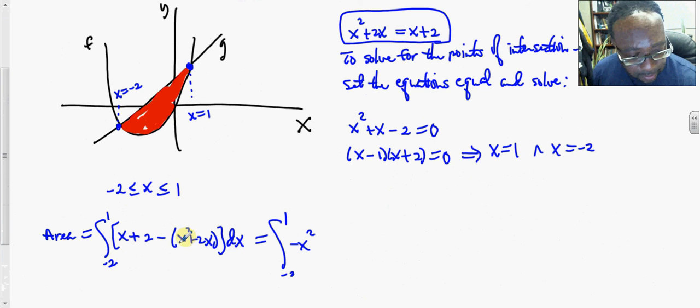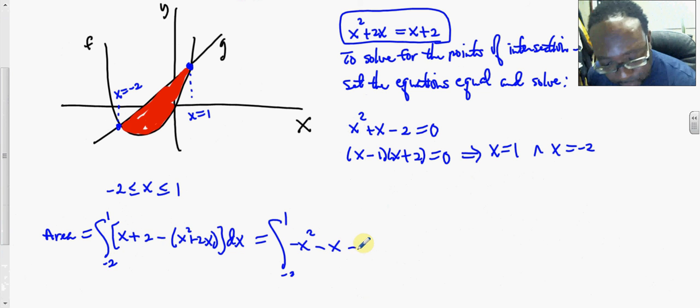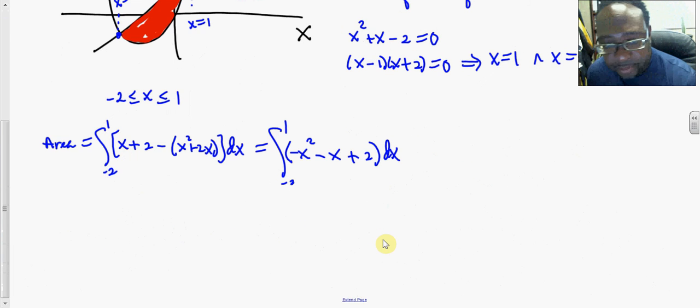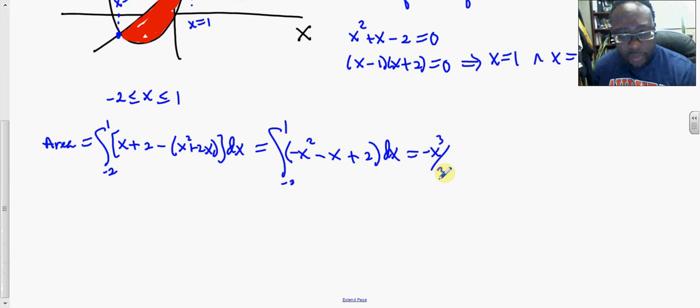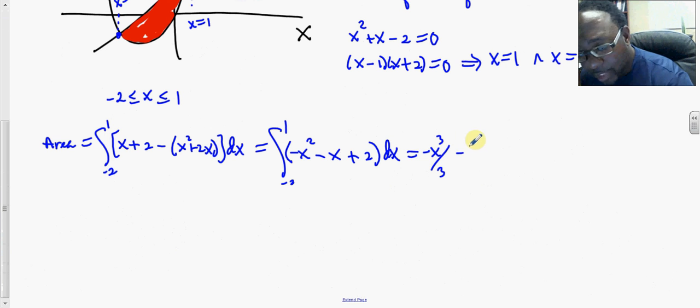This is x minus 2x, so this is minus x, and then just plus 2 dx. We integrate. We do not hesitate. Yes, we integrate. So minus x cubed over 3, minus x squared over 2, plus 2x, evaluate that from negative 2 to 1.